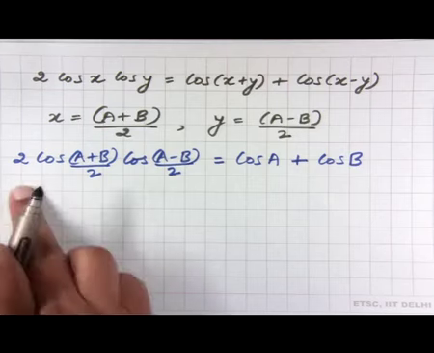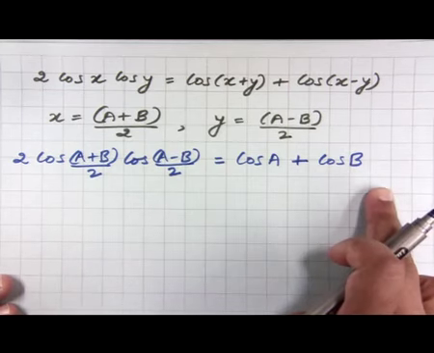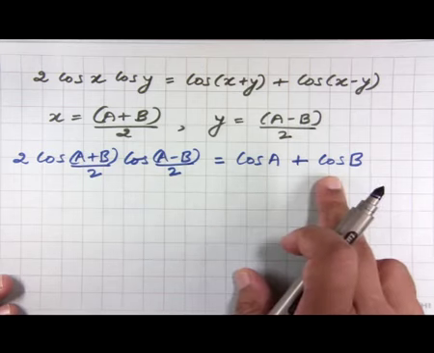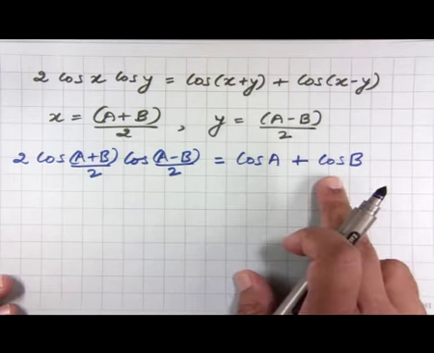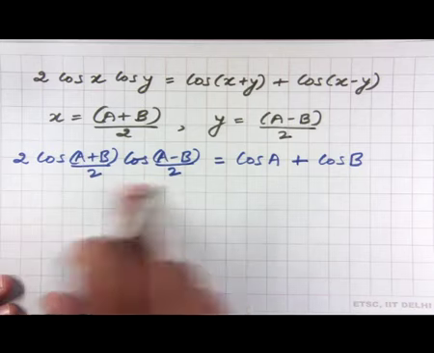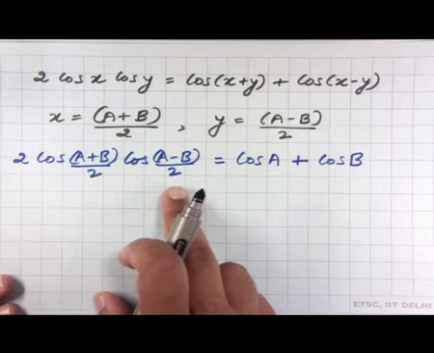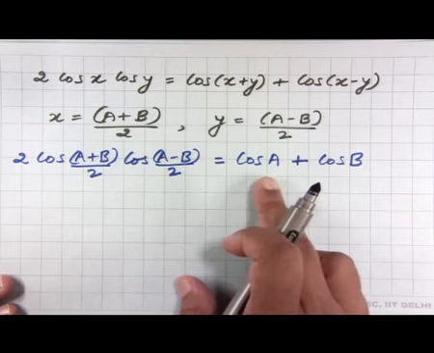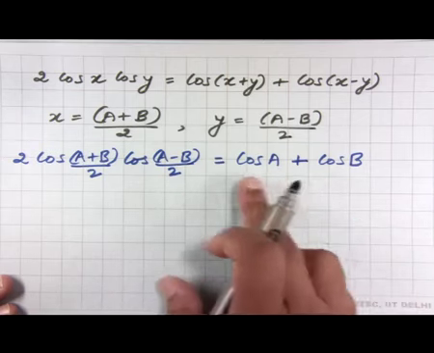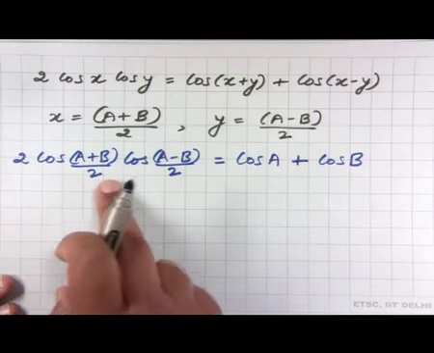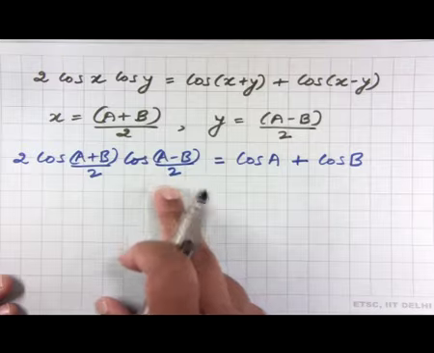So, this formula actually gives you a way of converting a sum of two cosines into a product of two cosines of half of the sum and half of the difference. So, for any angles a and b, cos a plus cos b is 2 times cosine of (a plus b) by 2 times cosine of (a minus b) by 2.